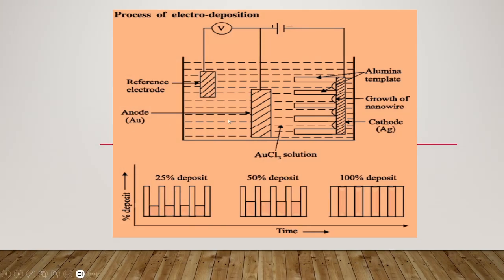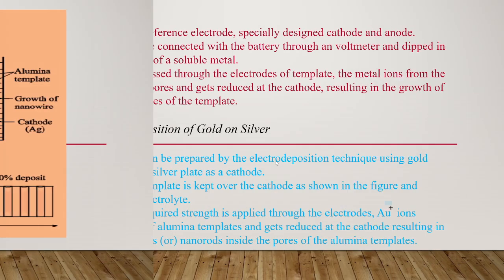So for the preparation of gold nanoparticles, the gold anode is used and silver is used as the cathode, and on the cathode the alumina template is fixed in order to get the nanoparticles of gold. Here one reference electrode is attached. Generally, graphite is used as the reference electrode, and the entire setup is connected through the battery and the voltmeter, and then immersed in a solution of auric chloride, AuCl3 solution, which is employed as the electrolyte solution.